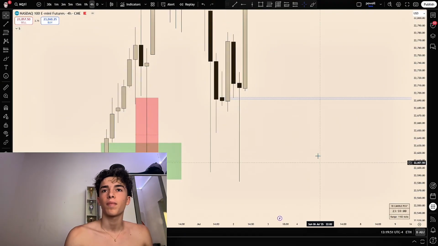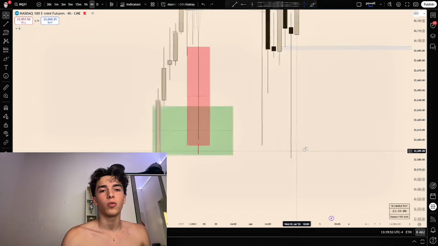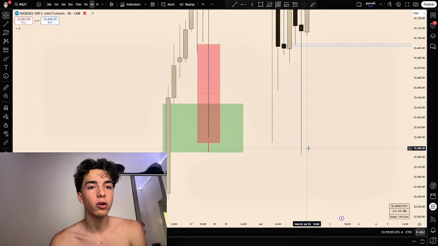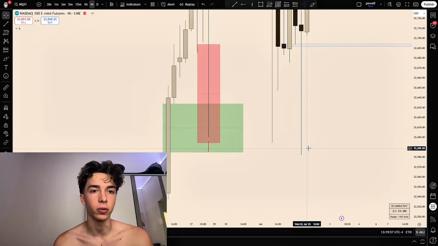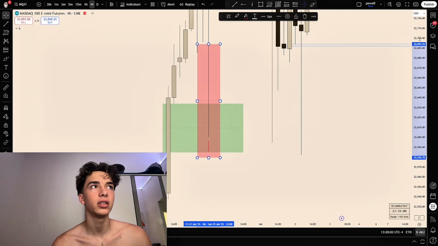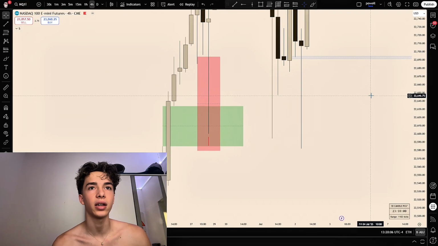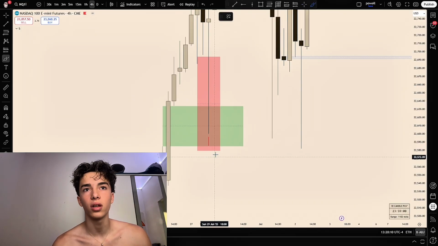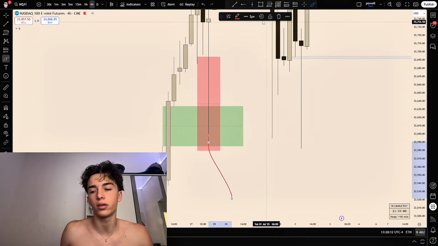That's because of the inversion fair value gap concept. If this candle closed like this, it would have been considered an inversion, so we would have wanted the price to continue lower.